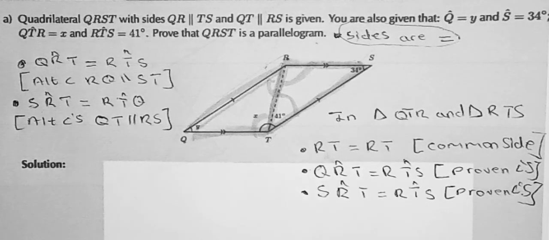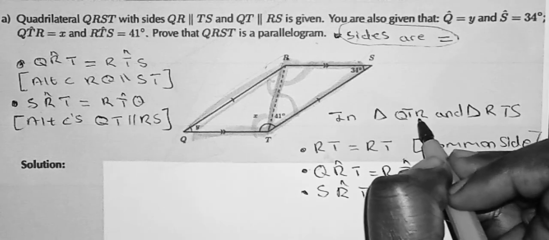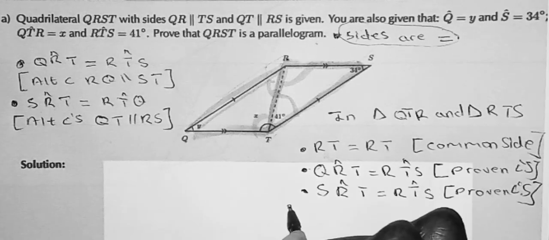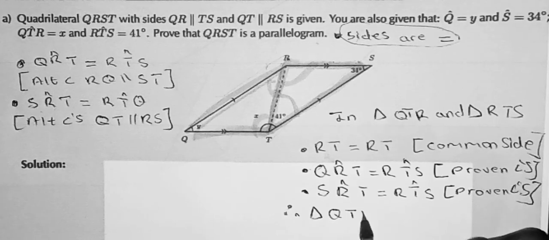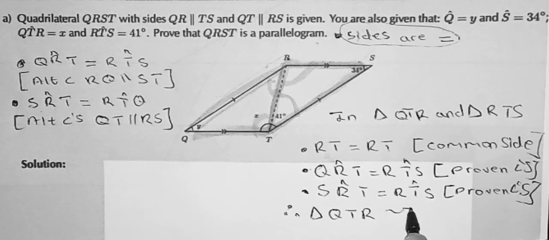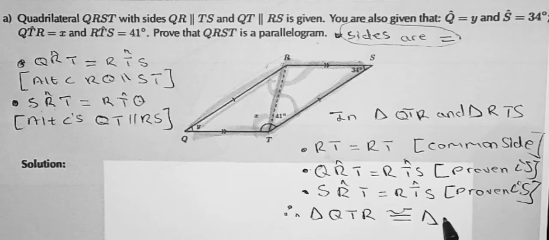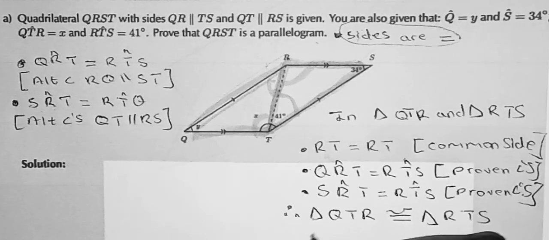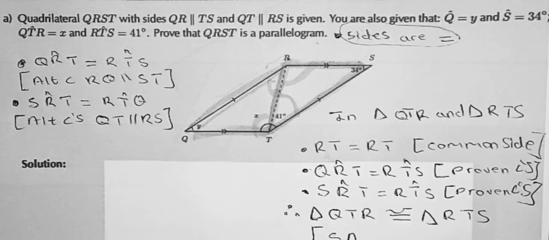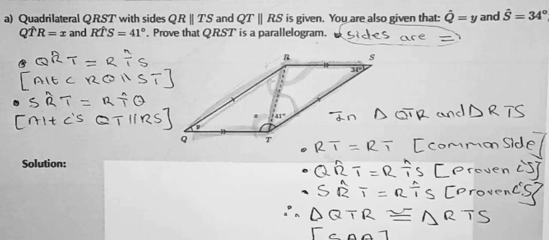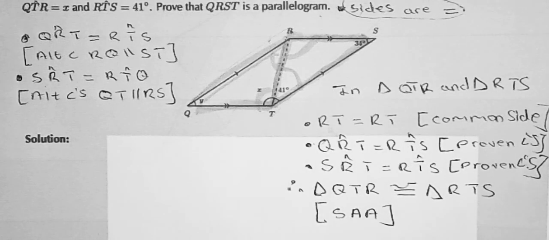And after that, I'm going to say therefore triangle QTR is congruent to triangle RTS. The result will be side angle congruency.